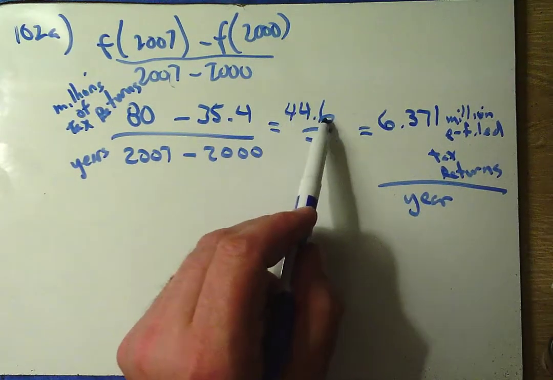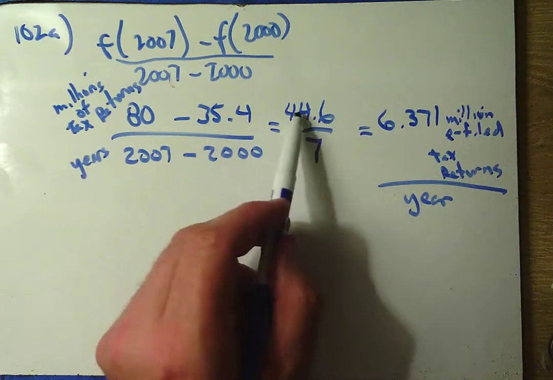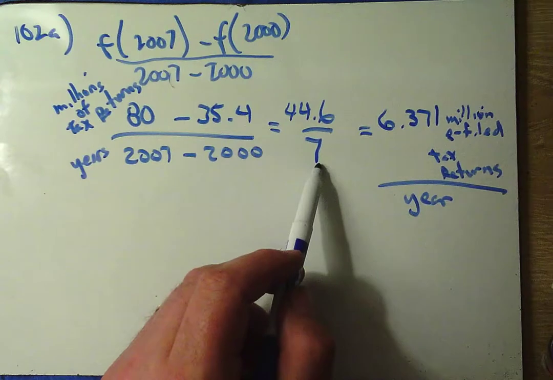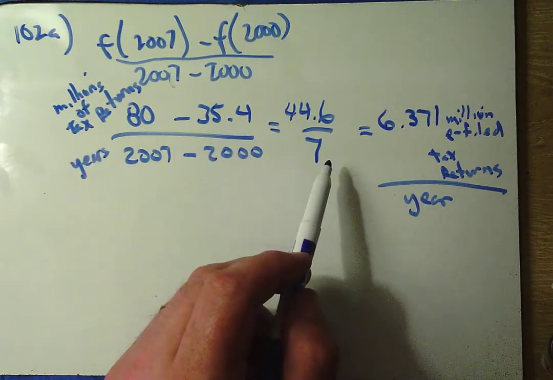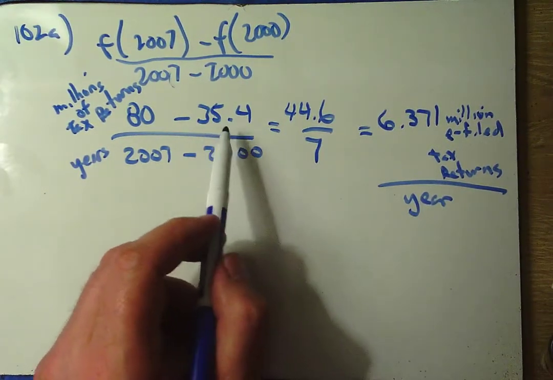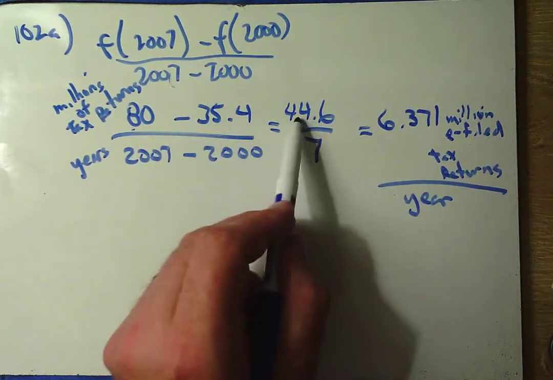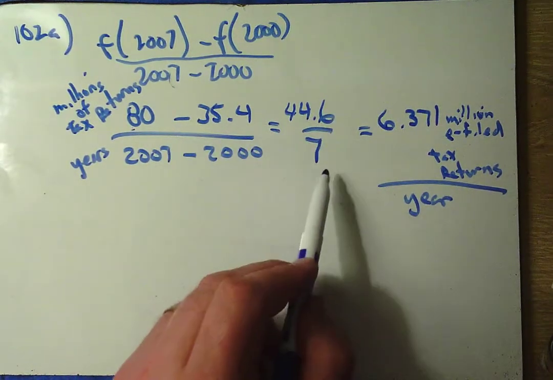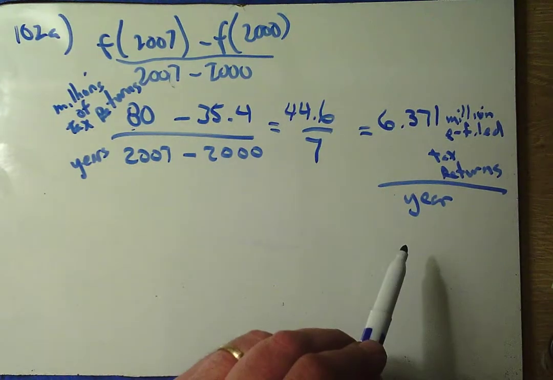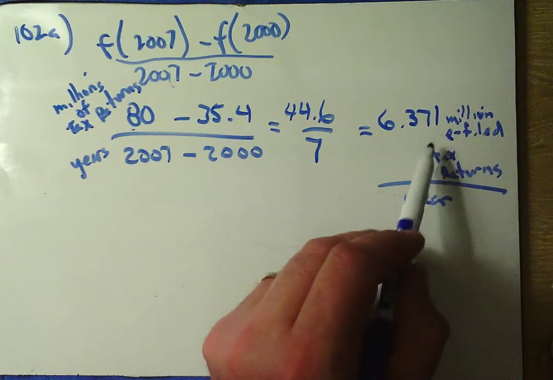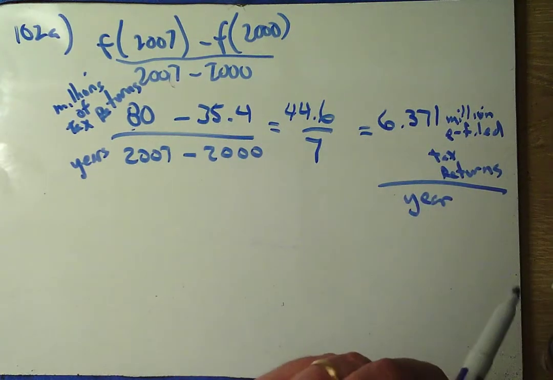Or 44.6 million over the 7 years. That's how much the number of e-file tax returns changed, right? We went up by 44.6 million tax returns over that 7-year period, which on average was 6.371 million tax returns every year.